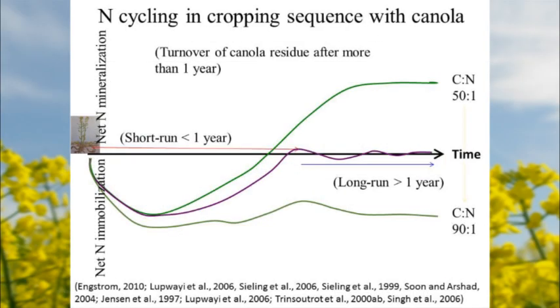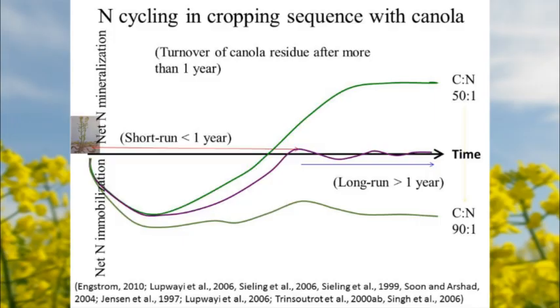And so these researchers tried to find a characteristic of that plant material that could help predict this dynamic. And so, C to N: who's familiar with the C to N ratio, or carbon to nitrogen ratio? It's a measurement. If you have a plant residue, you can measure the carbon in that plant residue or chaff or straw, and then you can measure the nitrogen. And then you look at the ratio of the two, and that gives you the C to N ratio.